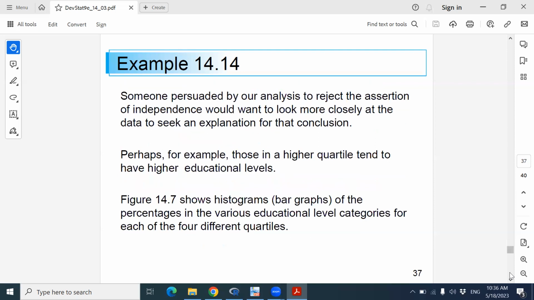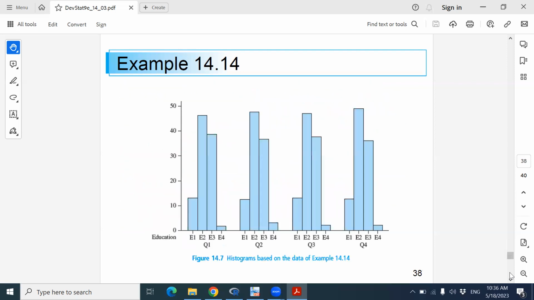And this actually is the case for this example. Here is the histogram of these 4 different education levels in all 4 different neonatal weight gain categories. If you look at this histogram, you will see that they appear to be nearly identical.